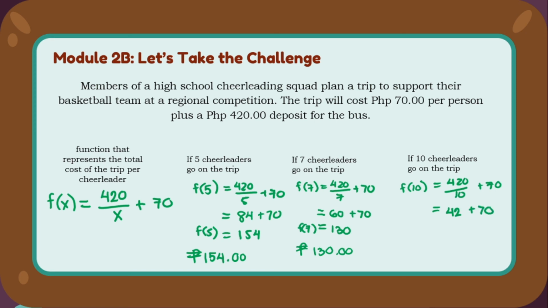Plus 70. Now, what is 42 plus 70? It is? Okay, so f of 10 is equal to 112. Ibig sabihin, kapag 10 cheerleaders ang sumama sa trip, magkano ang kanilang babayaran? Alright, magbabayad sila ng 112 pesos. Very good.